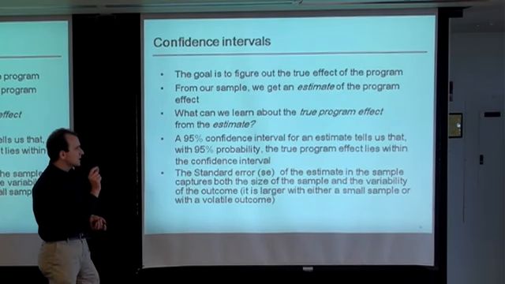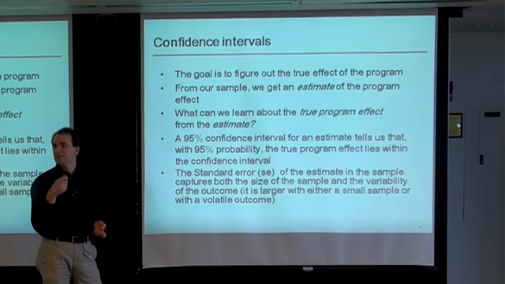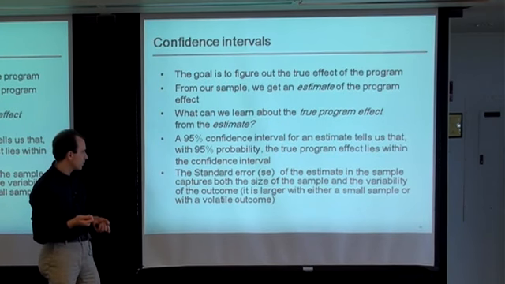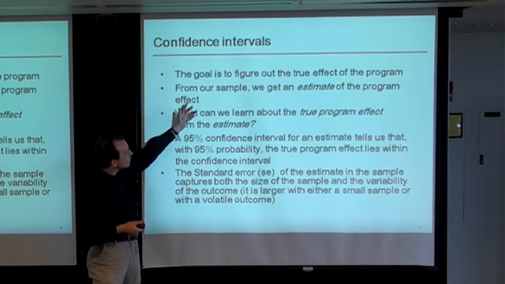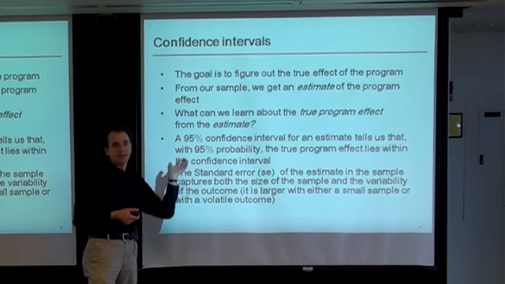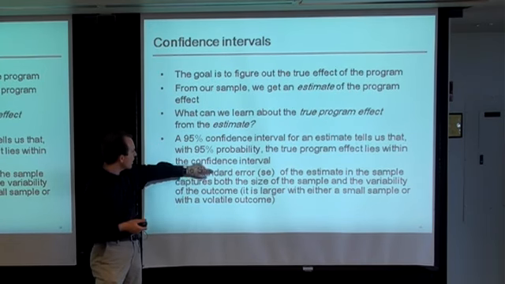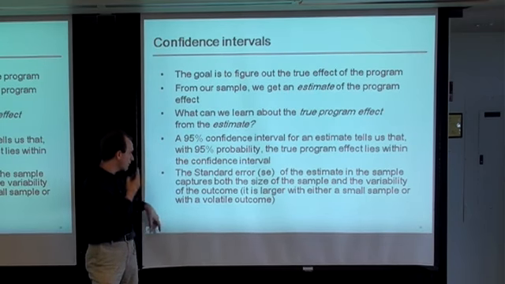The standard error basically says what's the distribution of those possible estimates that you could get. If I did this experiment again, maybe I wouldn't get 53, I'd get 54. If I did it again, maybe I'd get 52. If I did it again, I might get 53. The standard error is essentially the standard deviation of those possible estimates.